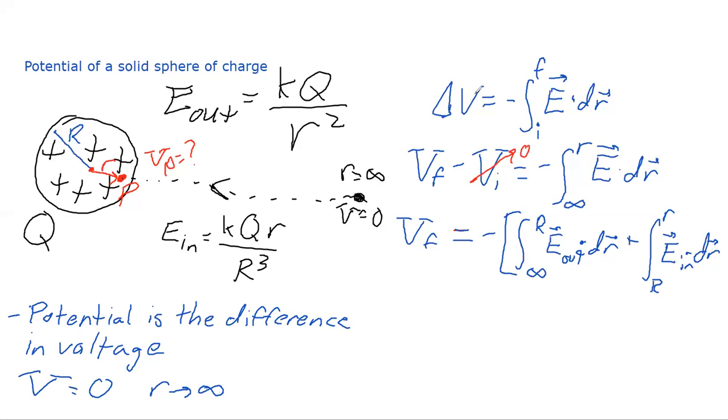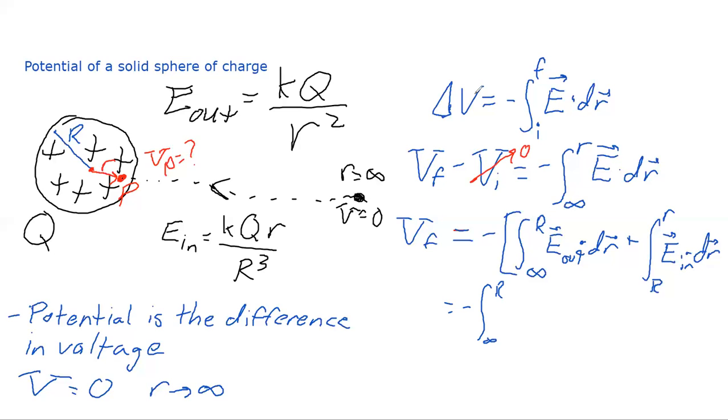So that dot product would just go away because the E vector and the r vector are both outwards. We know the electric field from a positive charge goes outwards. So E and r are in the same direction. So I'm going to plug in my equations here.